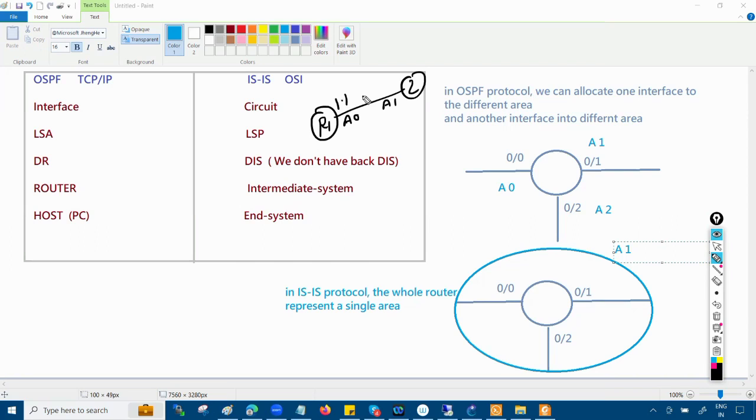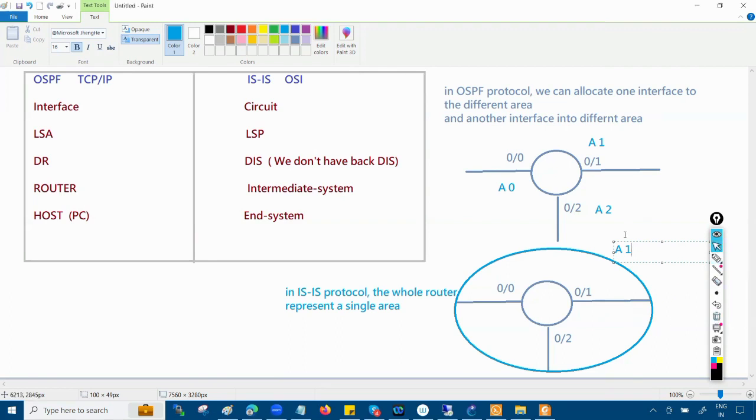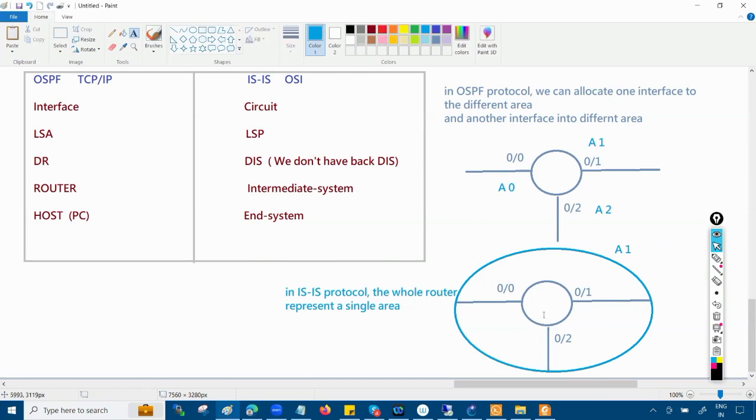No, we cannot do that. But in the case of IS-IS protocol, this particular router, doesn't matter how many interfaces it has, is area 1, area 2, and we can form the neighborship. So the complete router itself represents one area.